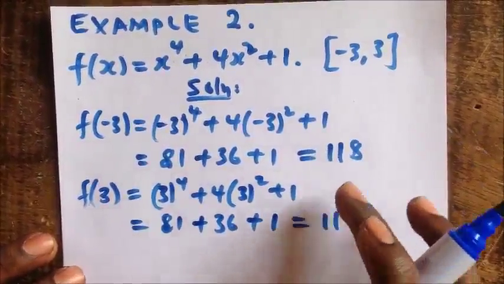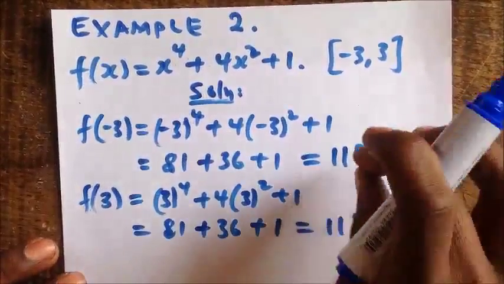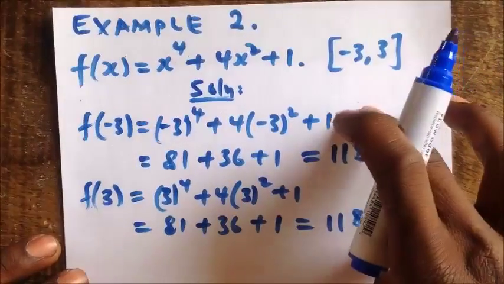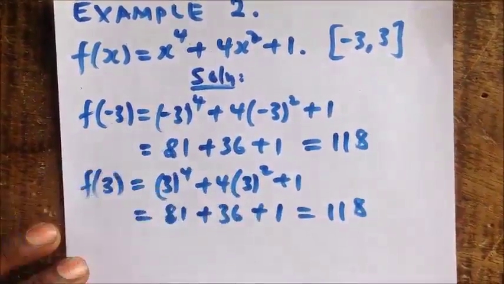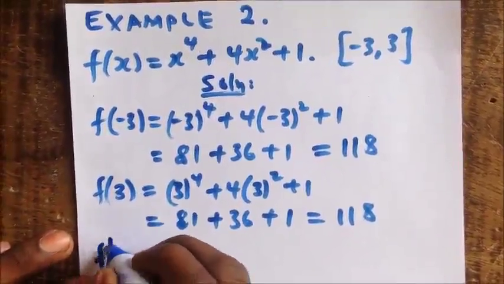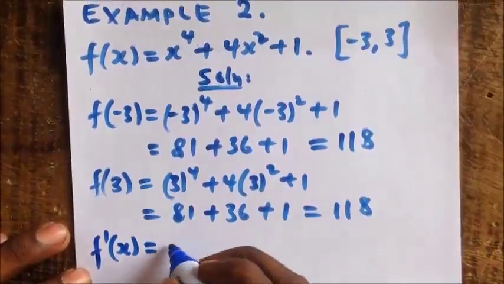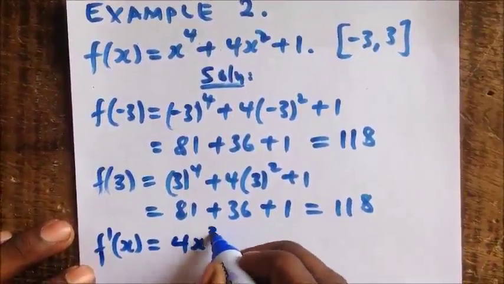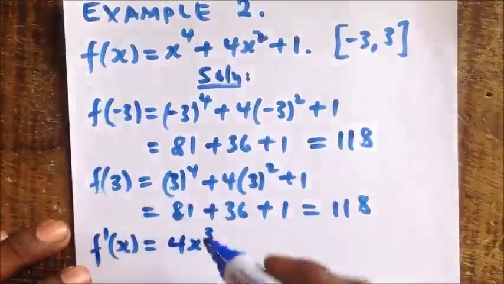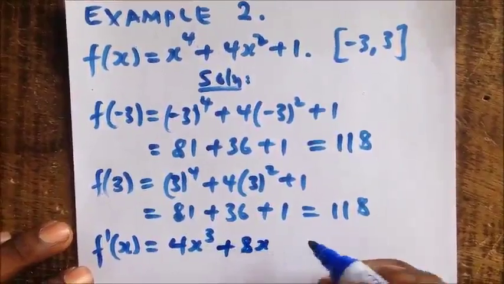So now, since f of a and f of b are not divided by 0, the function is continuous. So now, to see whether the function is differentiable or not, we should differentiate the function. So the first derivative of the function is f prime of x, which is equal to derivative of x to the power of 4, 4x cubed. Then derivative of 4x squared, 8x.